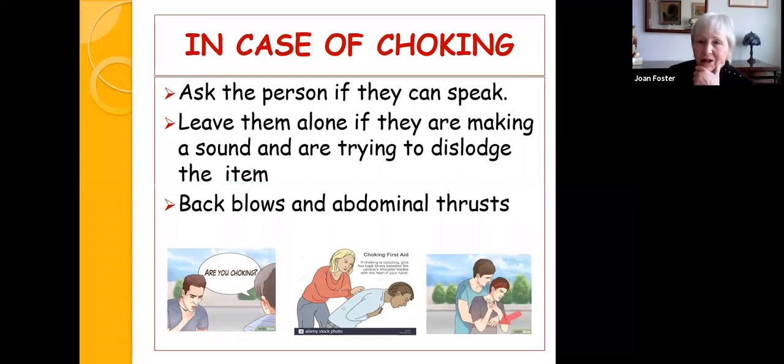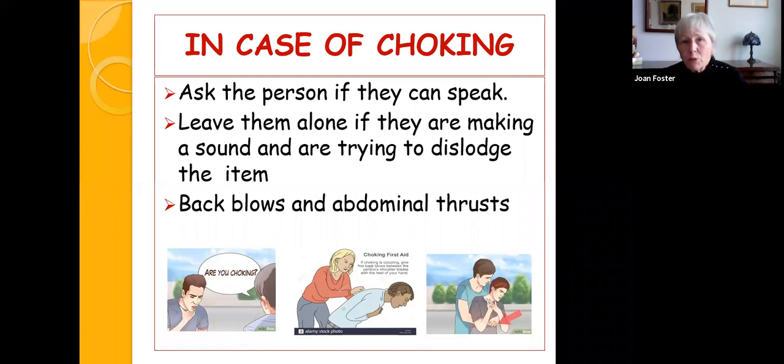And it's a difficult thing to do. It's very nerve-wracking. It's really hard to see someone choking. And most people who are choking on something can manage to get enough air that they're making a sound. And then, of course, we call 911.